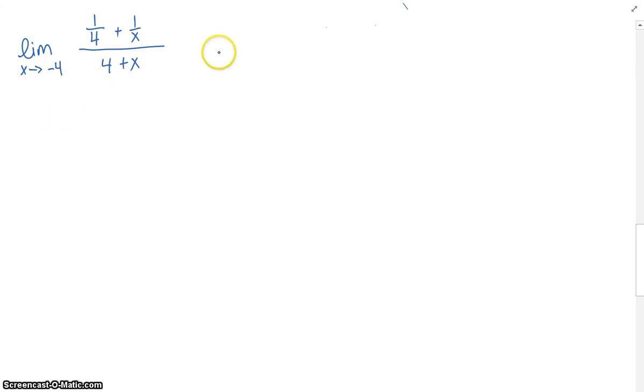To work with this one, you'll want to make sure that you put it into one entire fraction. In order to do that, first we're going to work with our numerator. These two fractions, we need to find a common denominator. The common denominator is going to be 4x. One side I needed to multiply by x, and one side I needed to multiply by 4.